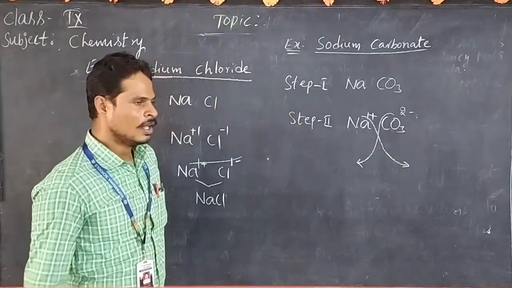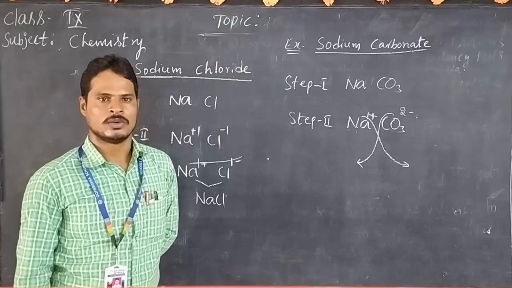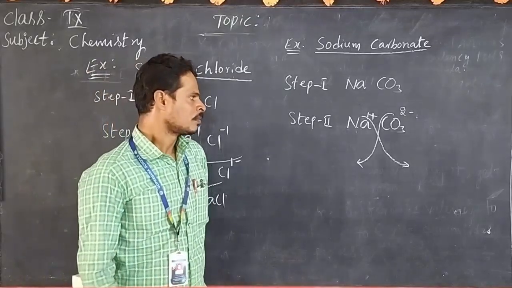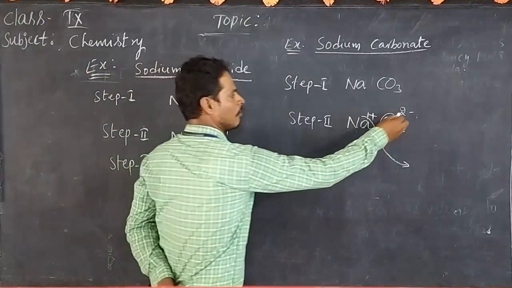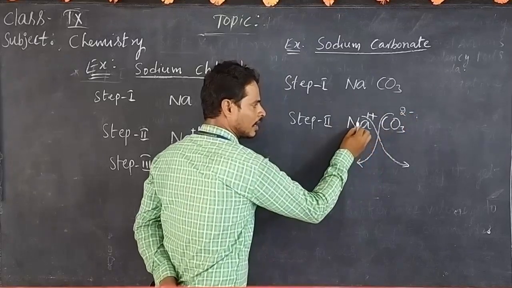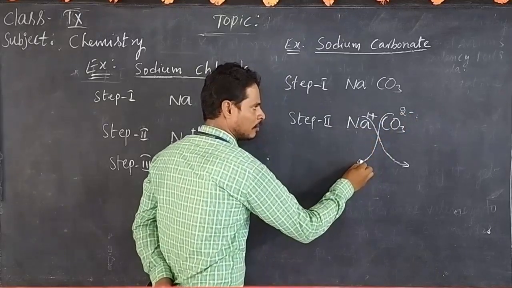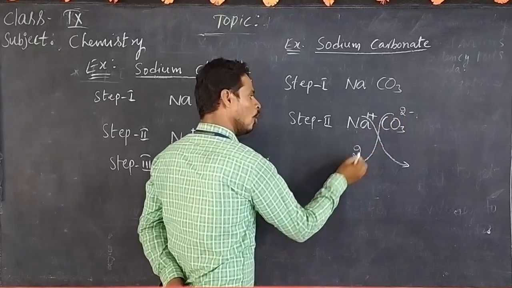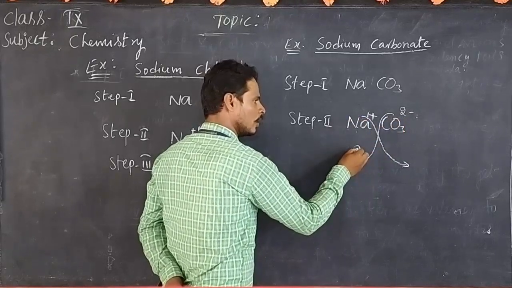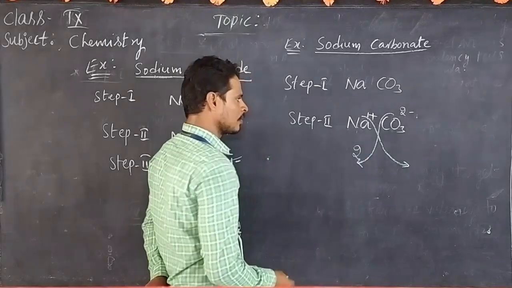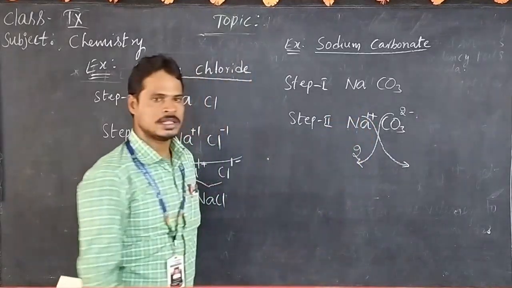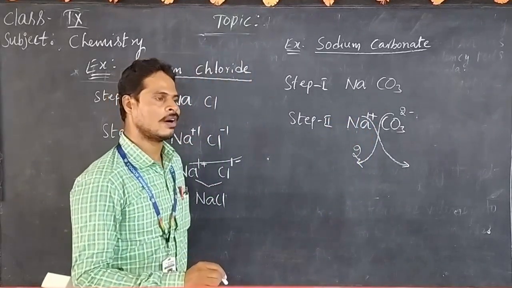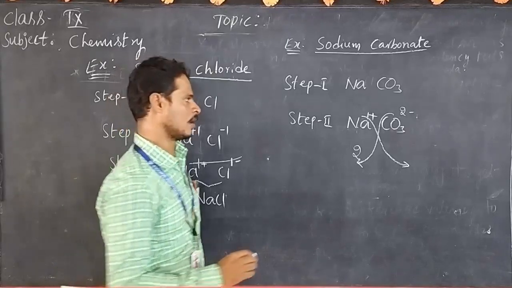Okay. Next, step 5. What is step 5? The anion number tells about the cations involved. Here, how much is the anion number? 2. That's why how many sodiums are involved? 2 sodiums. Next, the cation number tells how many anions are involved in the chemical formula.